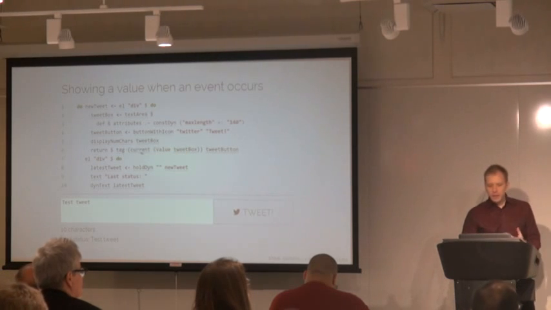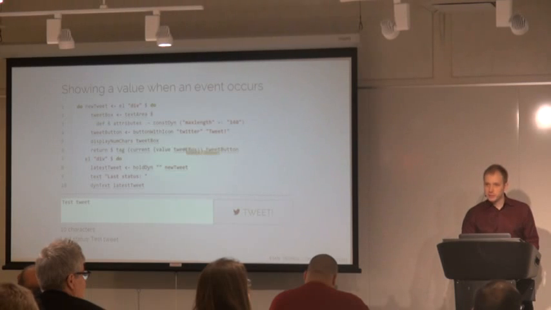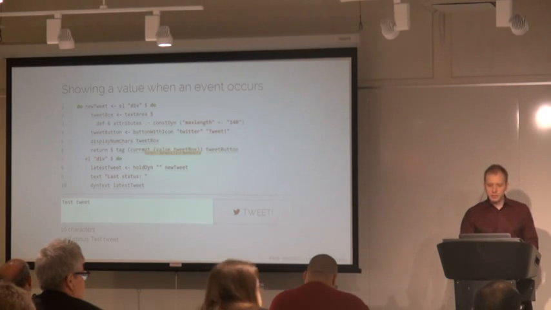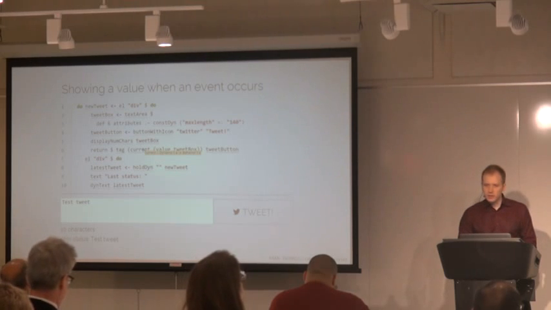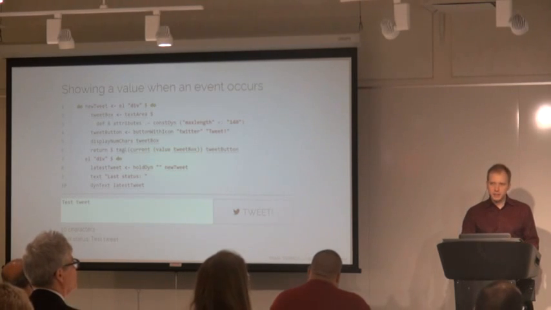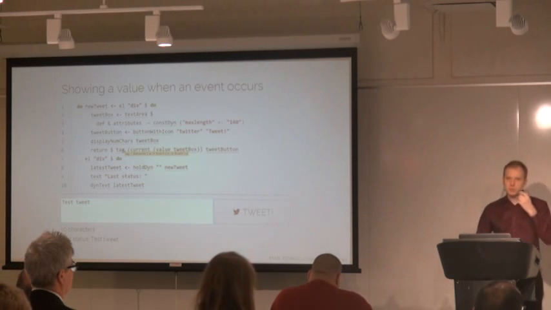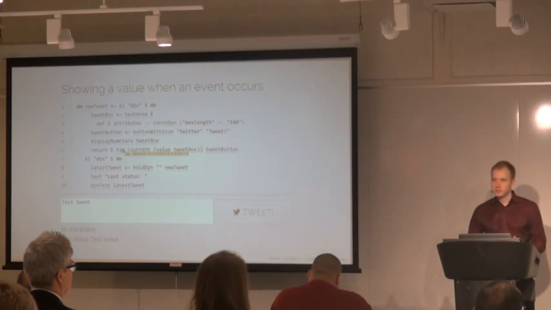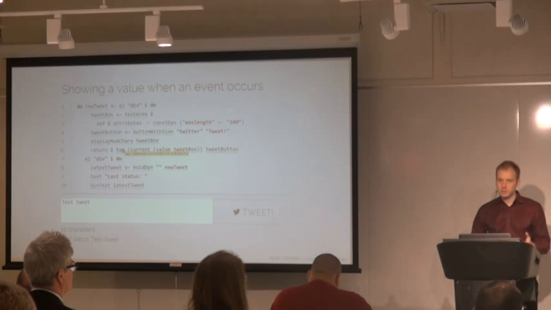And the value it's going to grab is the current value of the tweet box. And what current does is takes this dynamic, turns it into a behavior, and then tag can pick up, it can sample that behavior. So now you've seen the two basic primitive types of Reflex, event and behavior.